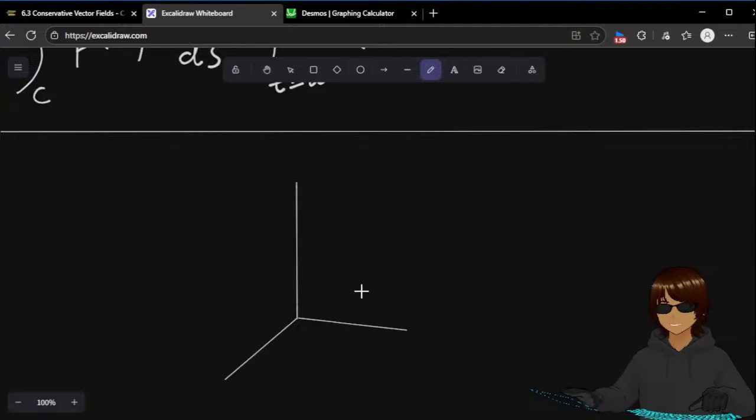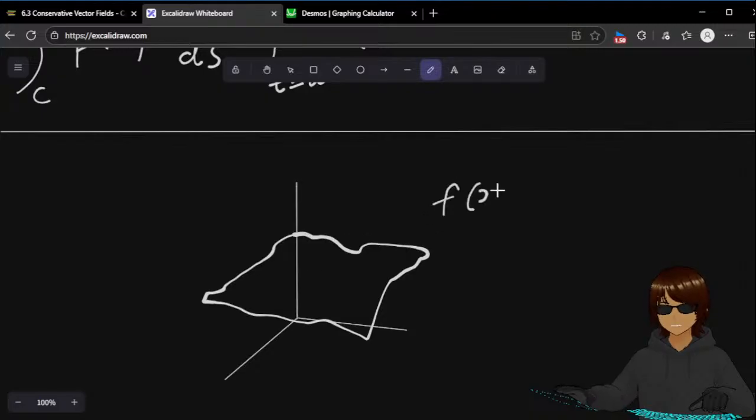So let's say I have a 3D surface. This 3D surface is defined by f(x, y). So this function over here is defined by f of x, y, and it's differentiable everywhere.